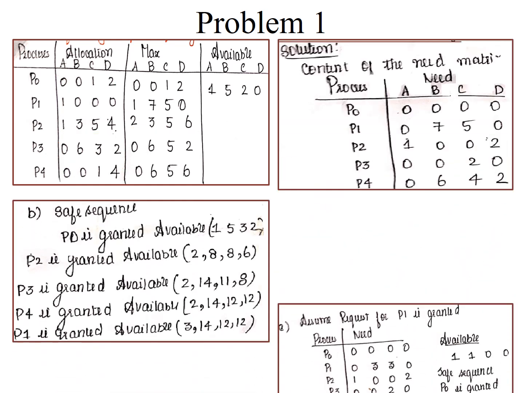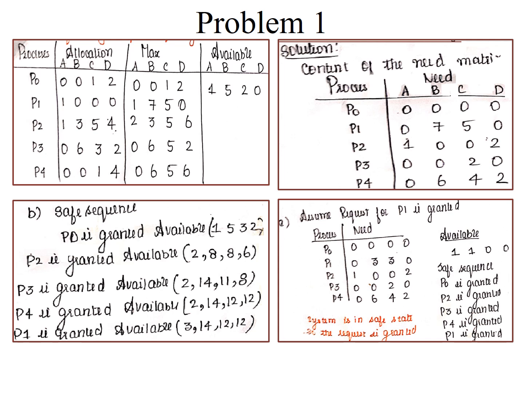Now continuing with the third question, to check whether the request can be granted or not. As I said, 0 4 2 0 is the request made by P1. What we have to do is, available becomes available minus request.